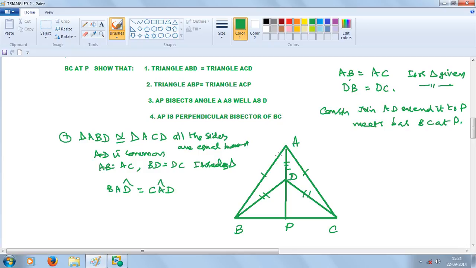So these two angles marked there are equal. This we use in proving the next problem.